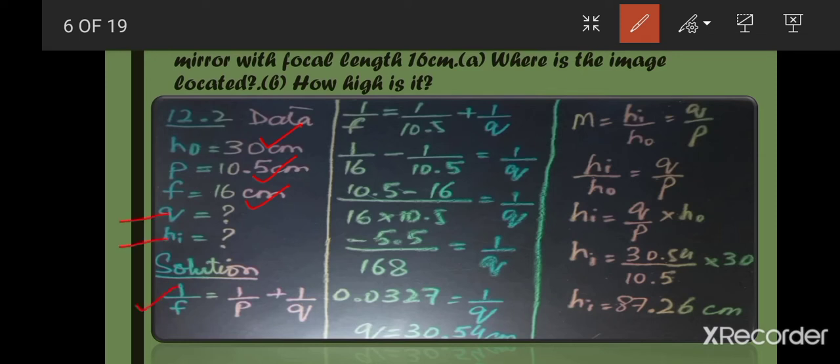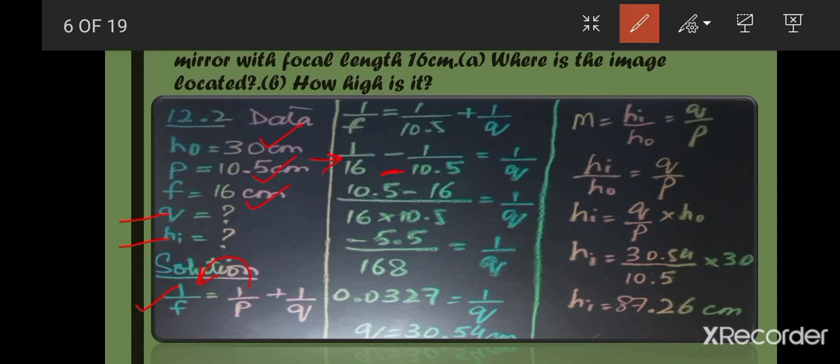Same formula, 1 by f equals 1 by p plus 1 by q. Here I have put the values, 1 by 16. Now what I have done, I have just taken 1 by p on the other side of equality so that it will become negative.